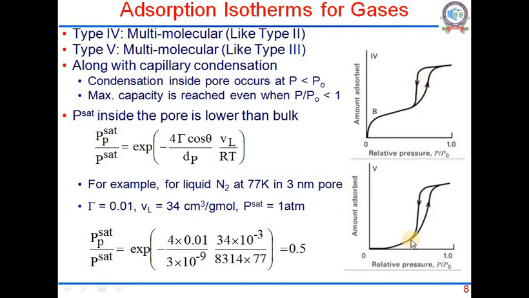Same way here, while increasing the pressure, it follows this path, while reducing the pressure, it follows this path. So this shows clearly that hysteresis occurs, and this hysteresis is very characteristic of condensation of the adsorbing material inside the capillaries or pores. So condensation can occur at a pressure even less than the saturation pressure. Because of that, the maximum capacity is reached even when the pressure is less than P0.